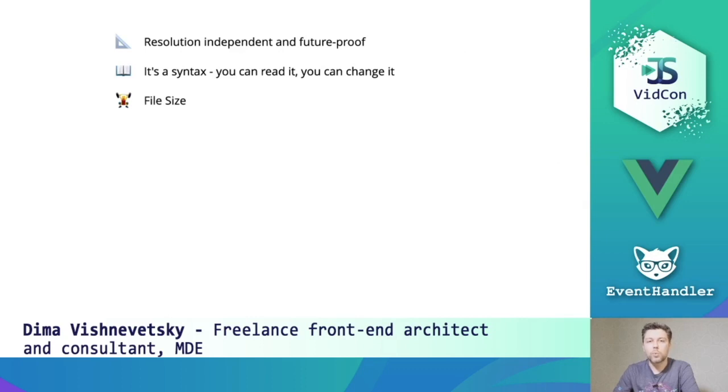The file size. In most cases, when using SVG correctly and even optimizing it, you can reduce the file sizes dramatically, and the lower the file size, we know the faster it loads. So it's pretty obvious. Okay, so it's multicolor.